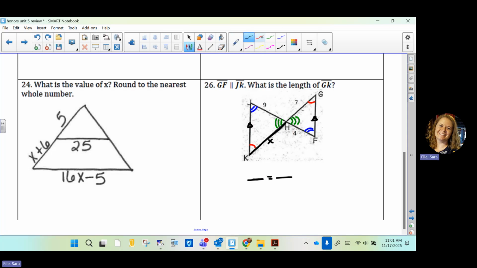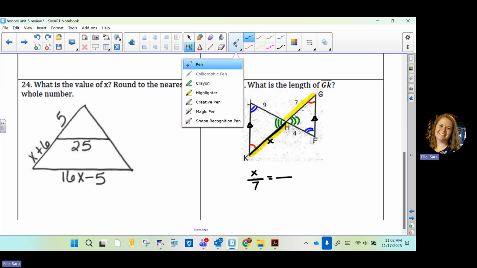So that's why having the angle markings sometimes helps, because I can see the X that I'm looking for first is between the red and green angles I marked. So that would correspond over here to the 7, wouldn't it? Between the red and the green over there. So I could say, okay, X is to 7.